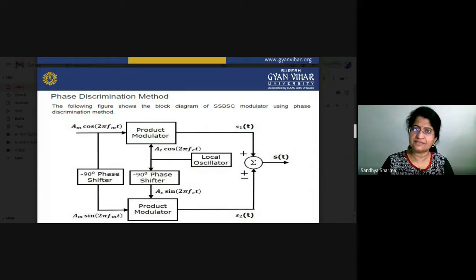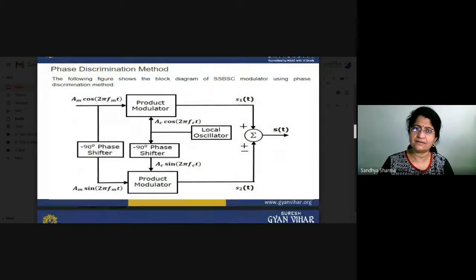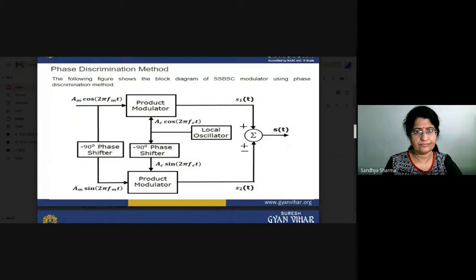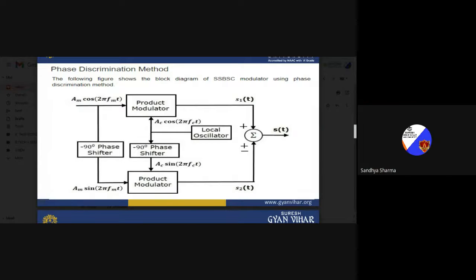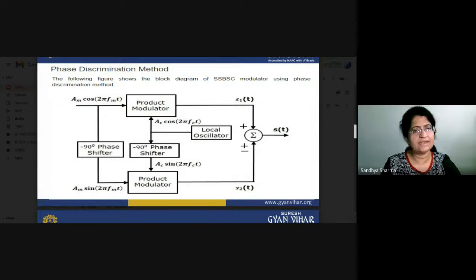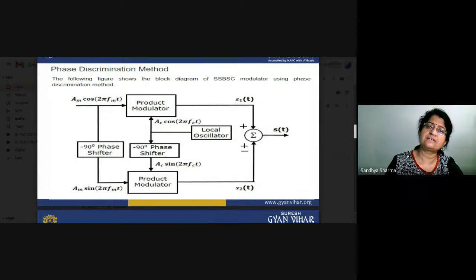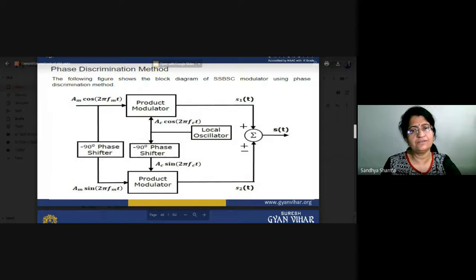So this is the phase discrimination method. You have to use Am cos omega m t, and by 90-degree phase shifting, we will convert this to Am sin omega m t. It is the same thing: you generate your carrier signal Ac cos omega c t, and by 90-degree phase shifting you will convert it.